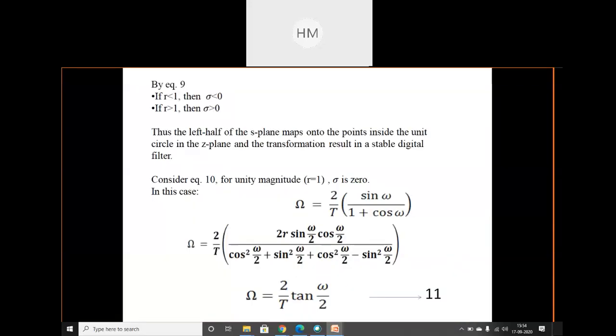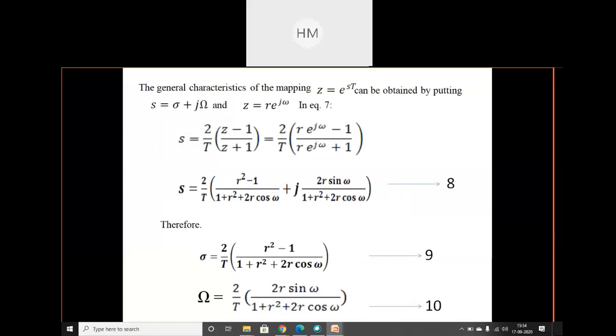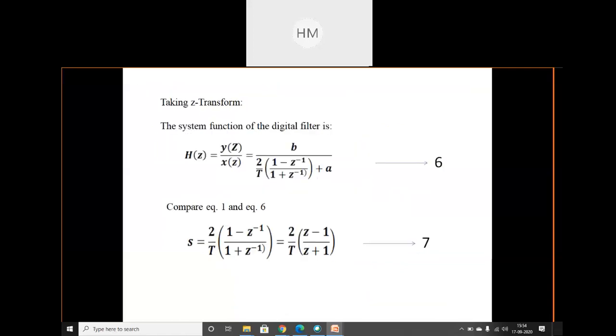So this is all about your bilinear transformation method. Write down one numerical in your copy.